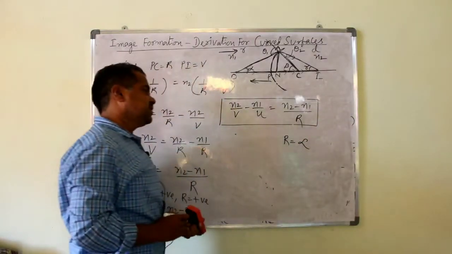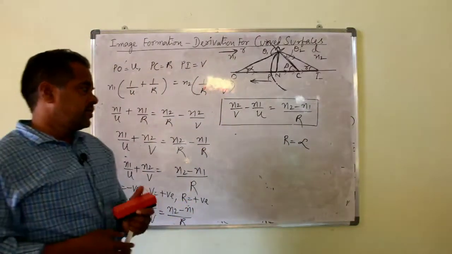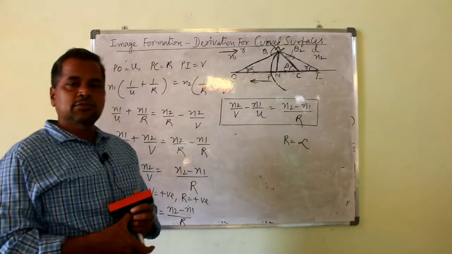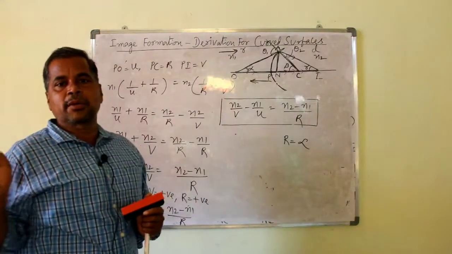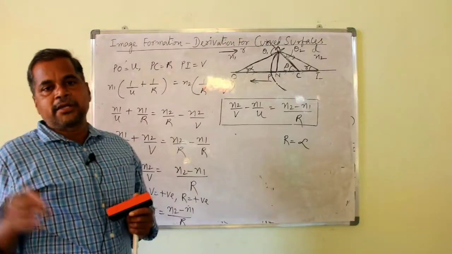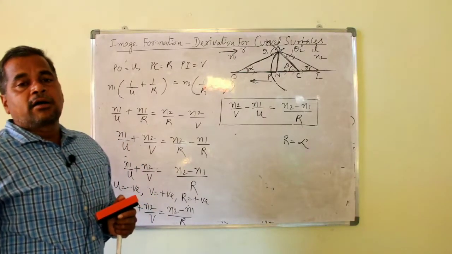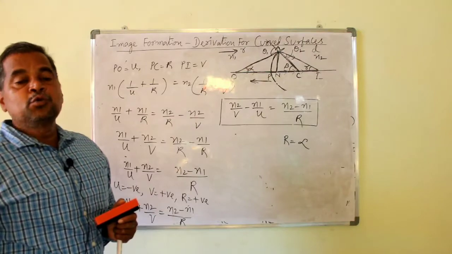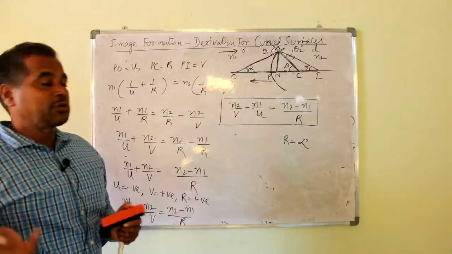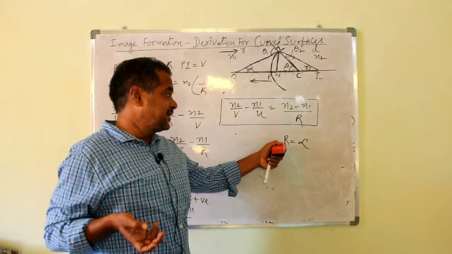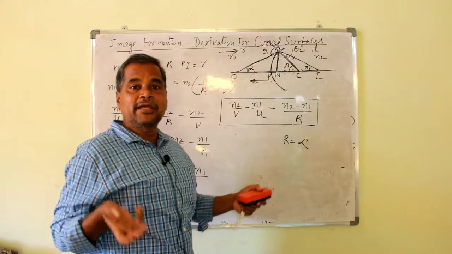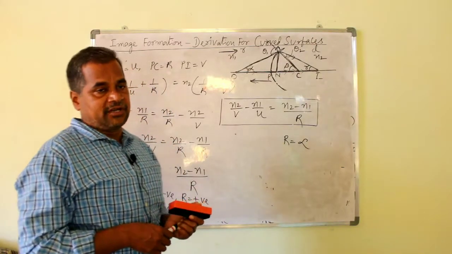Why? Because a plane surface is also part of a planet. In our planet Earth, the radius is a very huge value, so the radius of any plane interface is taken as infinite.